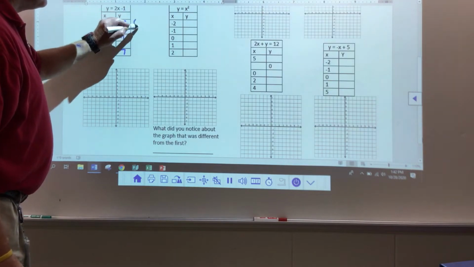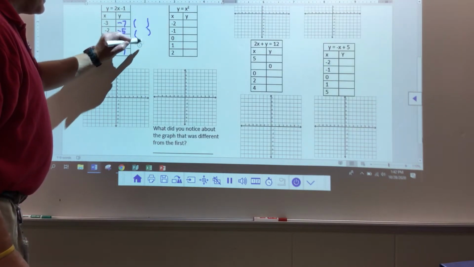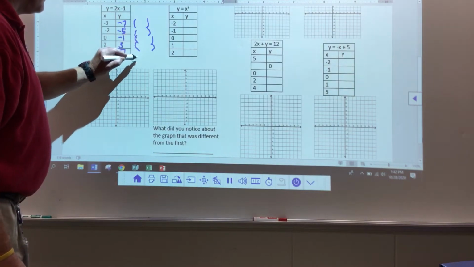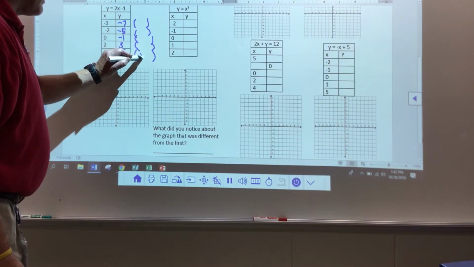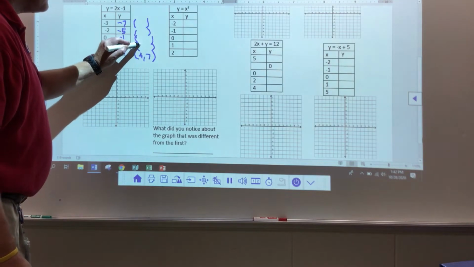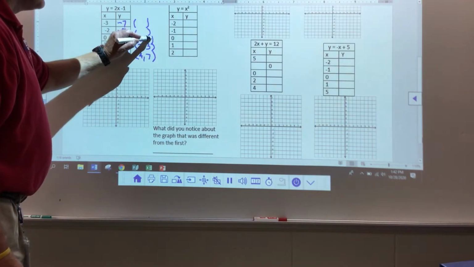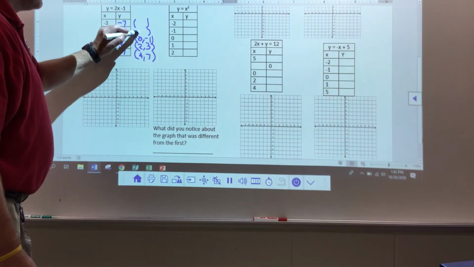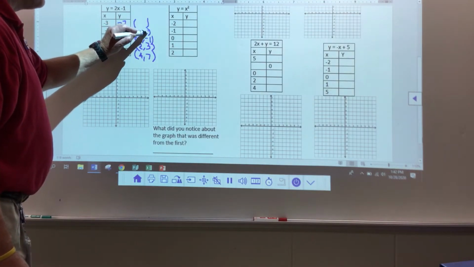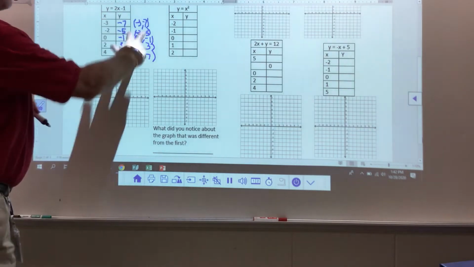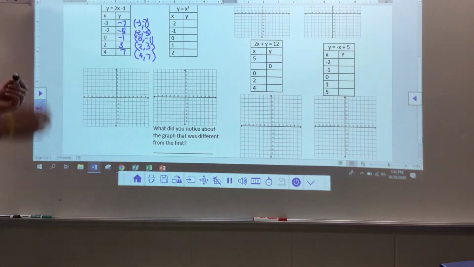And again, if you wanted to organize these as ordered pairs, you could definitely do so. You could write (4, 7), (2, 3), (0, -1), (-2, -5), and (-3, -7). So from here or from your table, you could go ahead and plot these points.